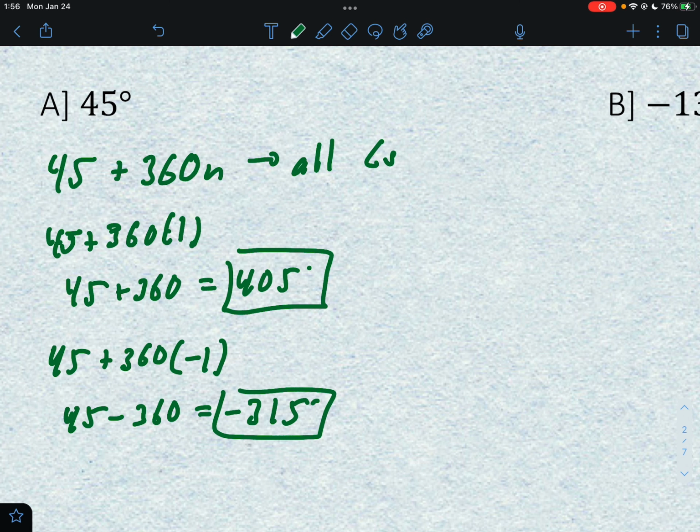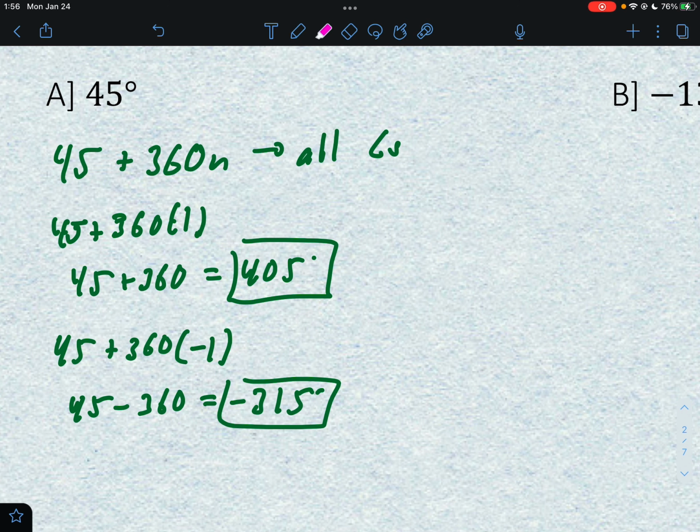All right, so what this problem just showed is that 45, 405, and negative 315, while all different angle measurements, they all would look exactly the same on a coordinate plane. They all would have the same initial ray and the same terminal ray. Now, one might go counterclockwise versus clockwise, or one might go around in a circle more than once, but they all have the same 2 rays on the coordinate plane.